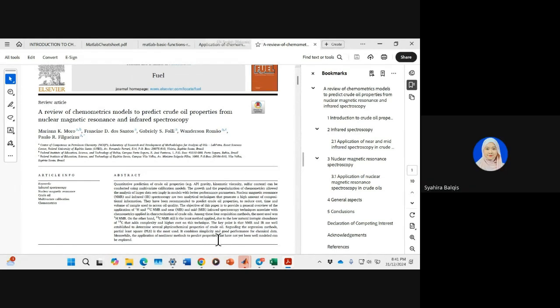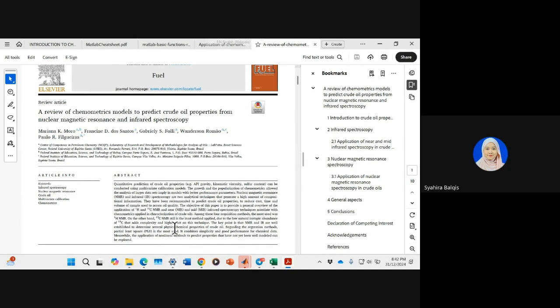A method. Okay, so they have various methods that being tested. For example, partial least square regression, which is PLS, multiple linear regression (MLR), principal component regression (PCR), and SVR.